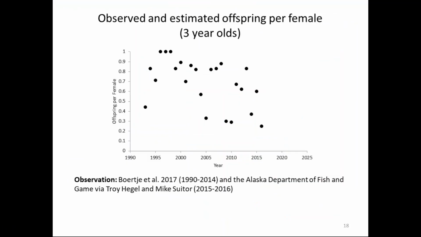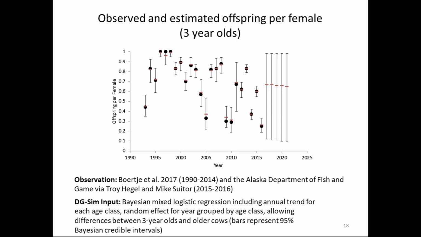So here are observed parturition rates for 3-year-old females, and the actual raw data behind this particular figure was provided to us. Using Bayesian mixed logistic regression, this is work that Josie, who's on the line, conducted, we were able to come up with estimates of uncertainty around the years in which the parturition rates were actually observed, but also because of the trend in the data, we were able to make estimates of potential future rates of parturition for 3-year-olds.